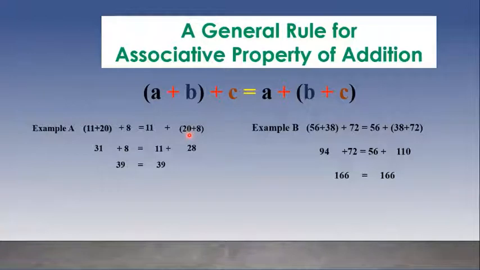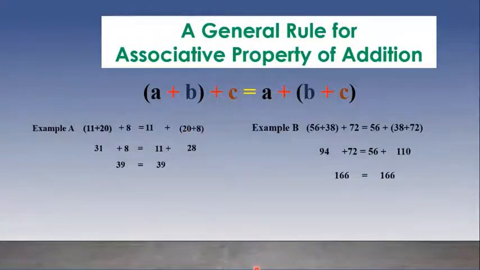Remember, the order of the numbers will not change. We do not switch up the order. They are written the same way. 11, 20, 8. 11, 20, 8. Only the grouping changes. And how do we show groupings? We use parentheses.